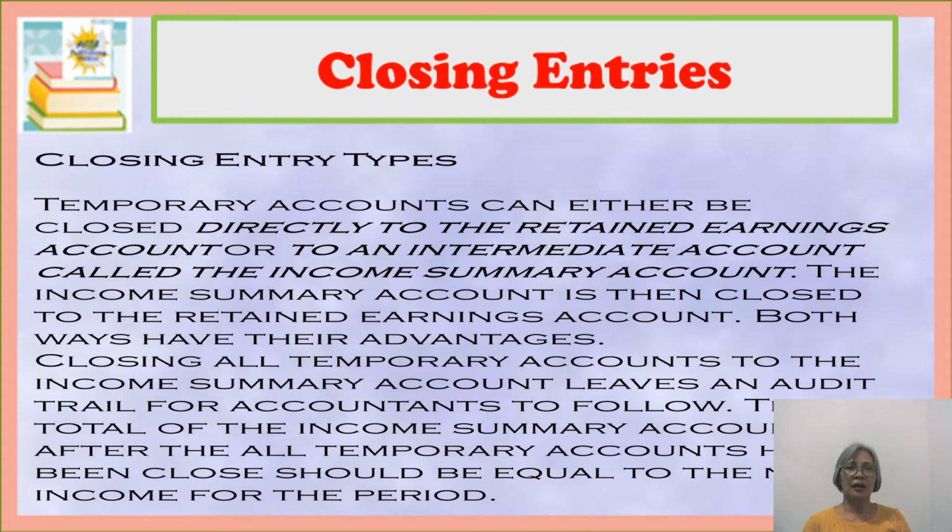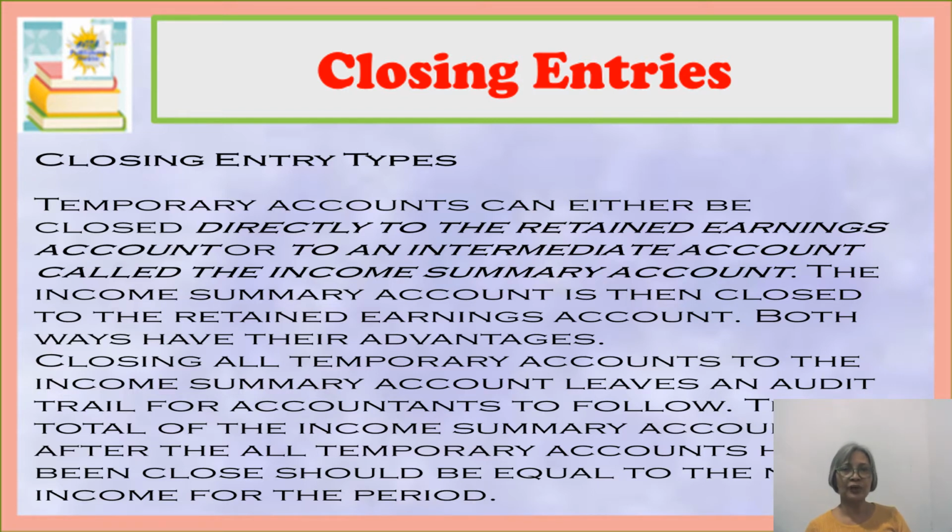So, types of closing entry. Temporary accounts can either be closed directly to the retained earnings account or to an intermediate account called the income summary account. The income summary account is then closed to the retained earnings account.